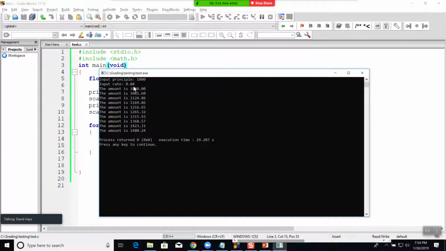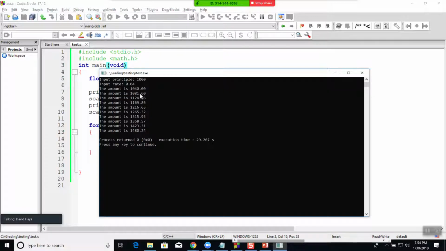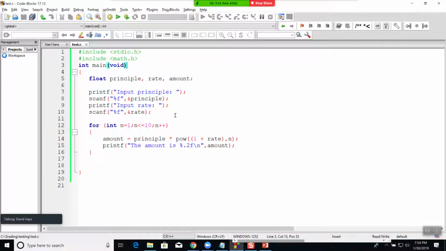Rate is that, so 1 plus 0.04 is 1.04. 1.04 times 1,000. Yeah, that's right. And my little red square is gone. What I expected is that this would not take it because it was an integer. I fully expected to have to cast that by putting a float in front of it like that. But I didn't.